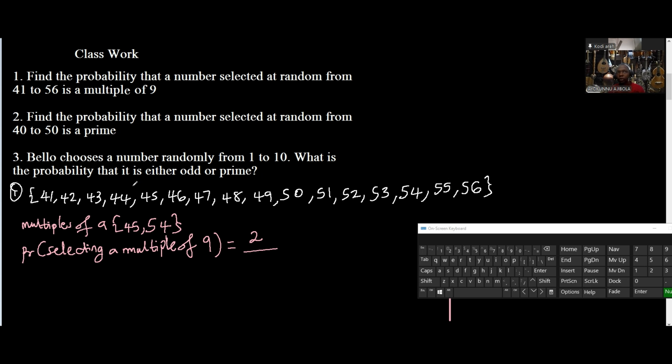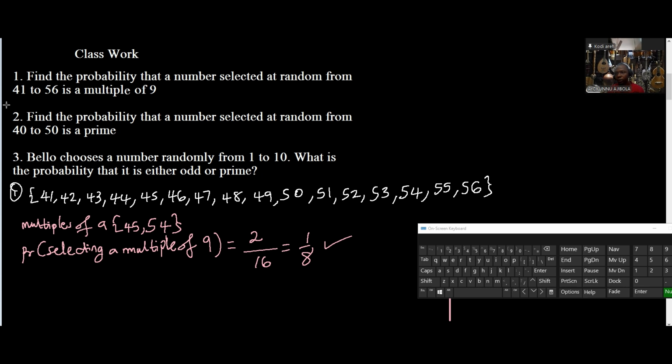So what's the total population? We have 1, 2, 3, 4, 5, 6, 7, 8, 9, 10, 11, 12, 13, 14, 15, 16. So 2 out of 16, which is finally 1 over 8. So do you understand this first one? Yes. Okay, now to the second one.